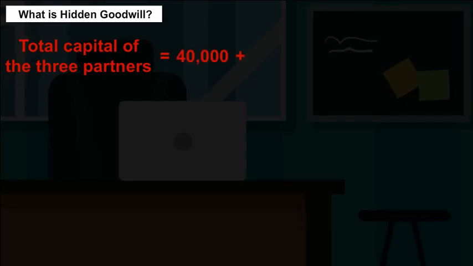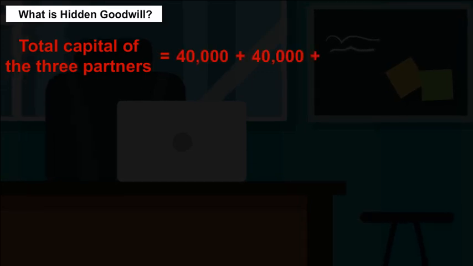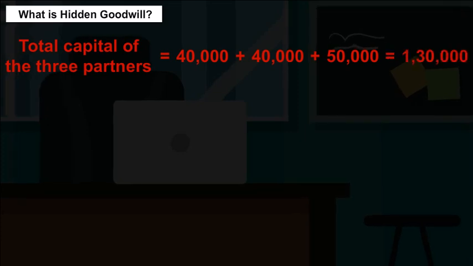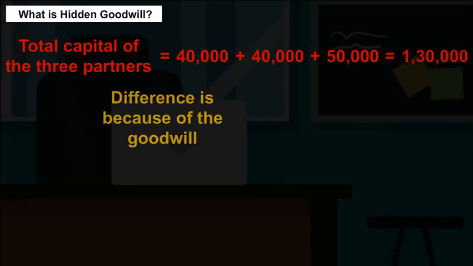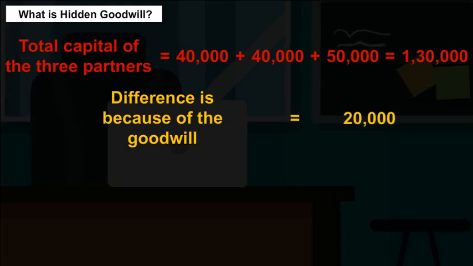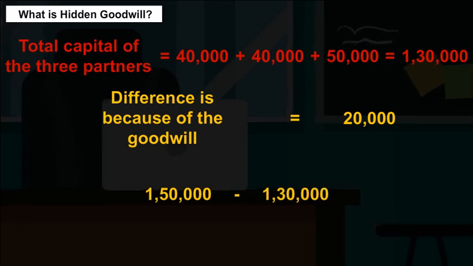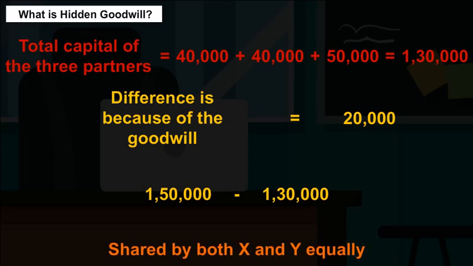But the total capital of the three partners comes out to be 40,000 plus 40,000 plus 50,000, which is equal to 1,30,000. The difference is because of the goodwill, that is 20,000, 1,50,000 minus 1,30,000, which will be shared by both X and Y equally.